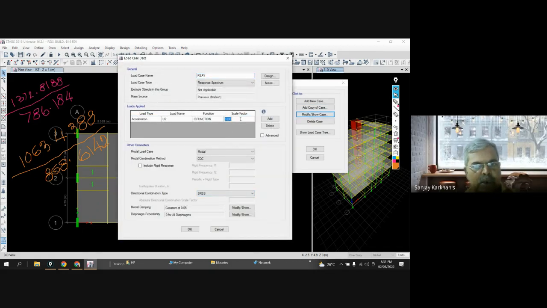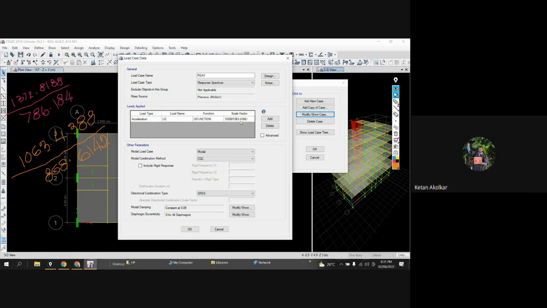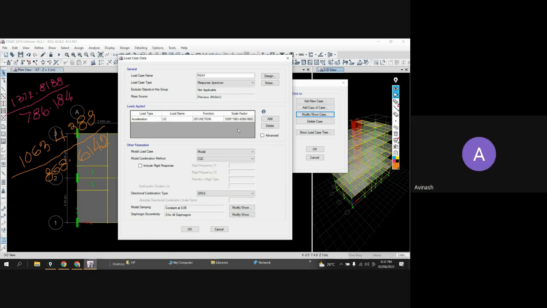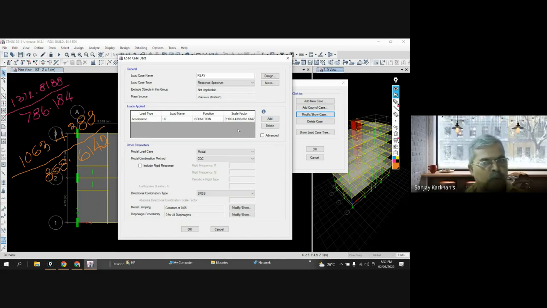But here you will have to do 1000 multiplied by 1063.4388 divided by 868.6142.